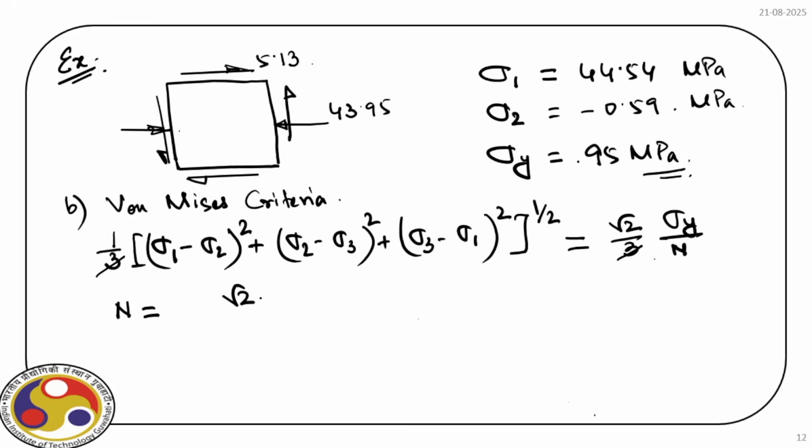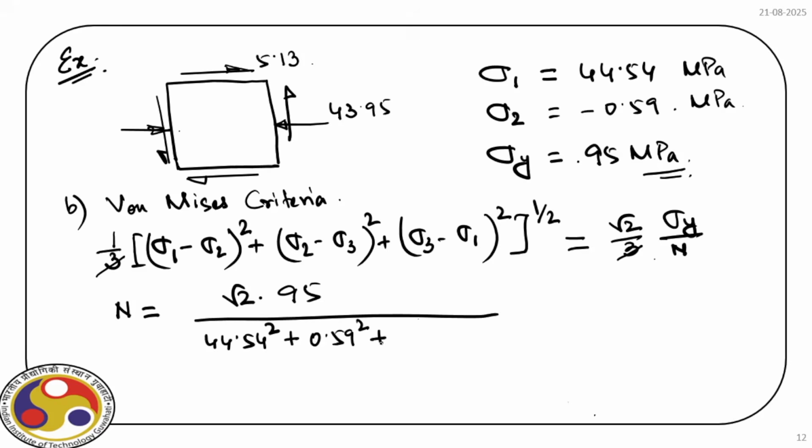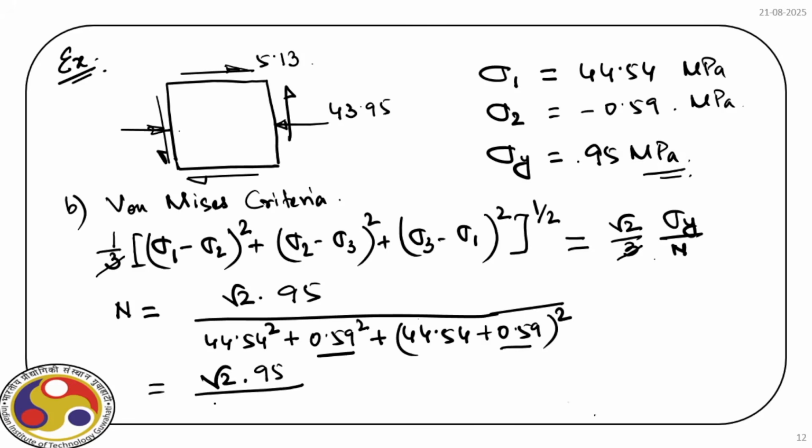Then we can further cancel this 3, and then we have n, which is equal to root 2 times 95 divided by 44.54 square plus 0.59 square plus 44.54 plus 0.59 whole square. Now, if we just neglect this small component, what we have is root 2 times 95 divided by 2 times 44.54 square.